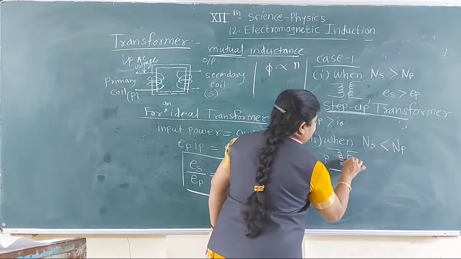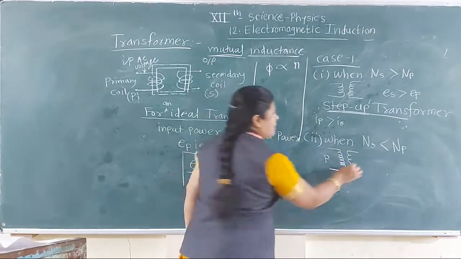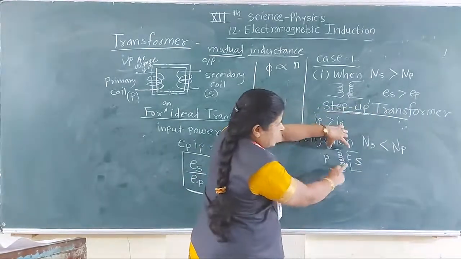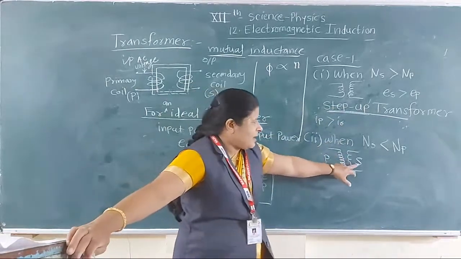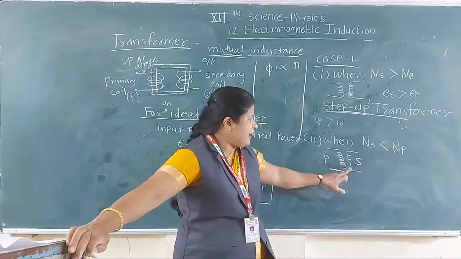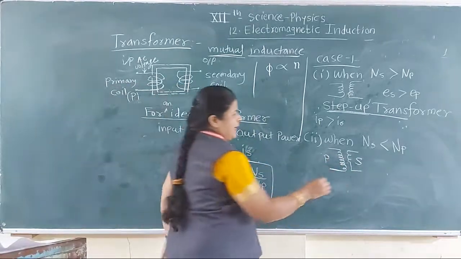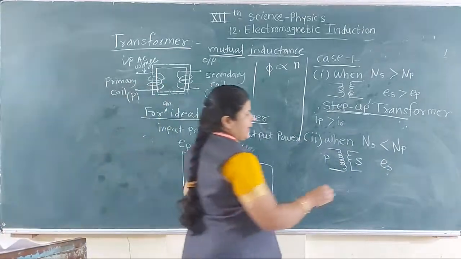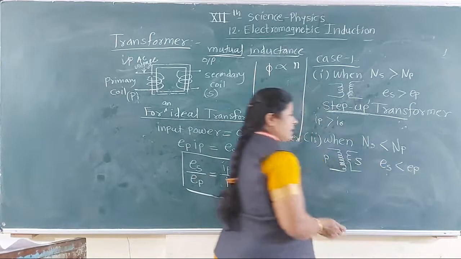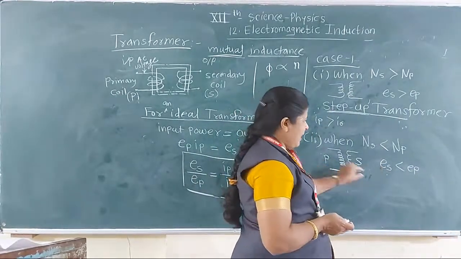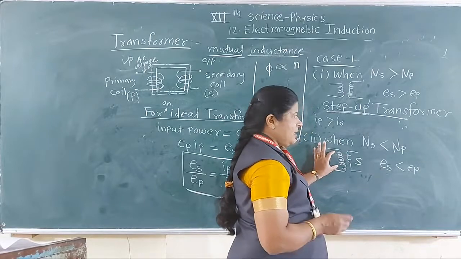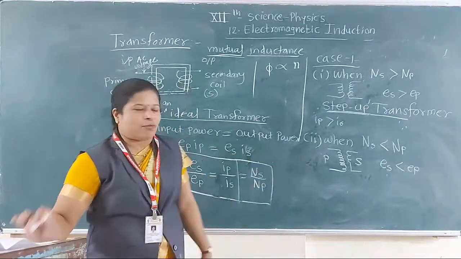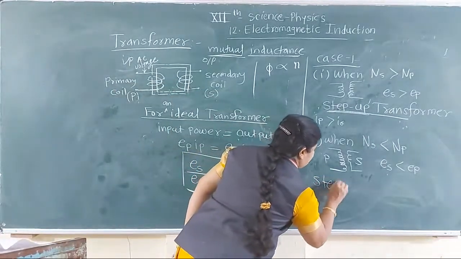In this transformer, Es is less than Ep. That means the induced EMF in the secondary coil is less than the induced EMF in the primary coil, and this type of transformer we call a step-down transformer.